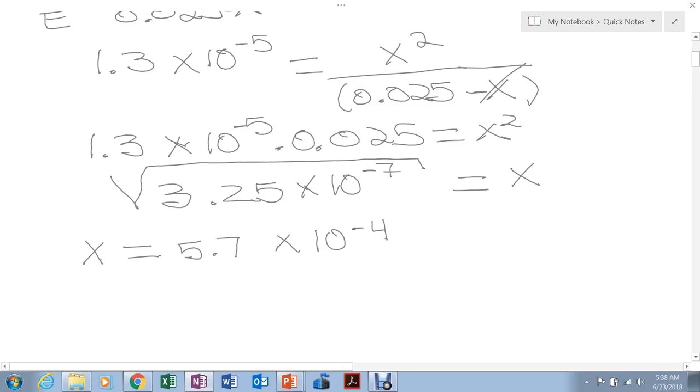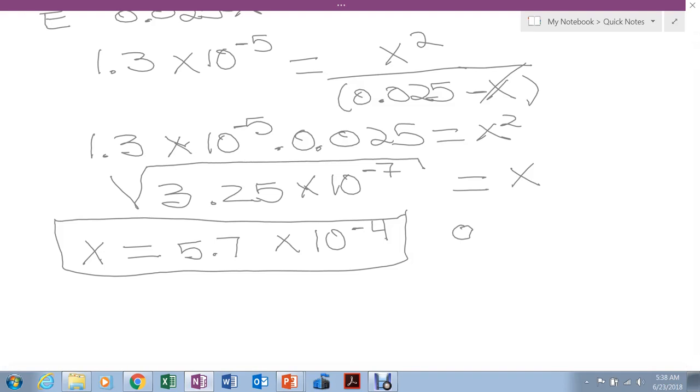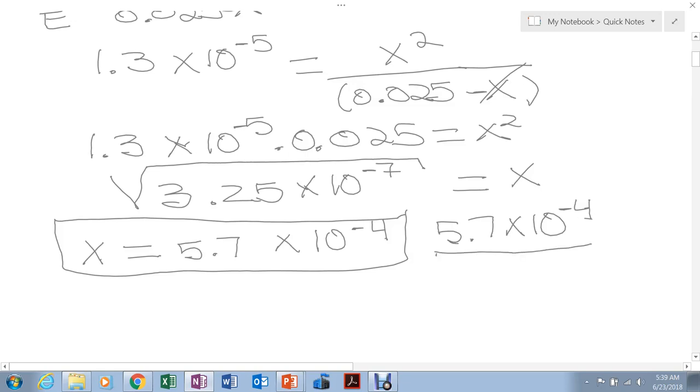Now let's verify, like I said, again, that when you drop this, you're okay. It was correct. 5.7 times 10 to the negative 4 divided by 0.025.